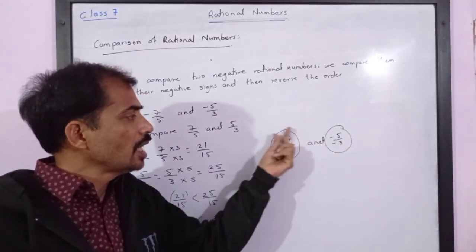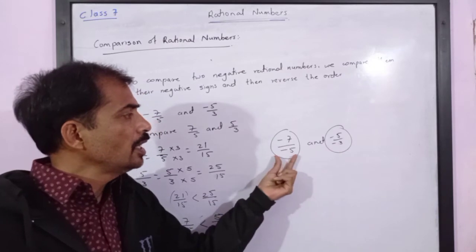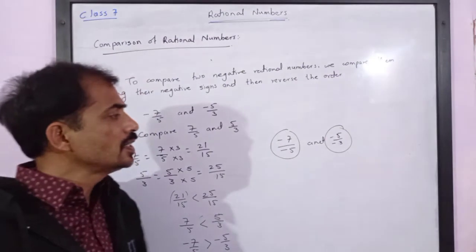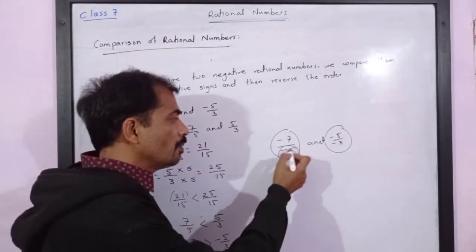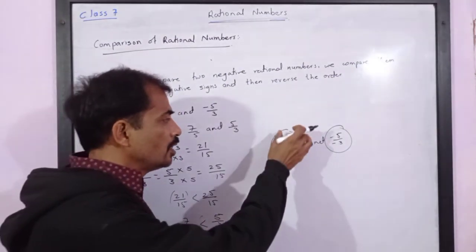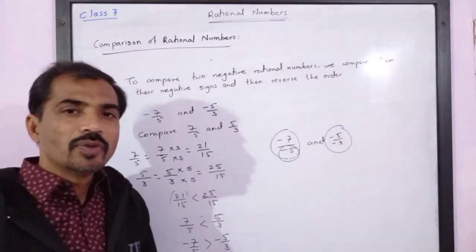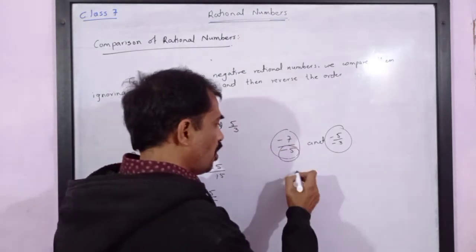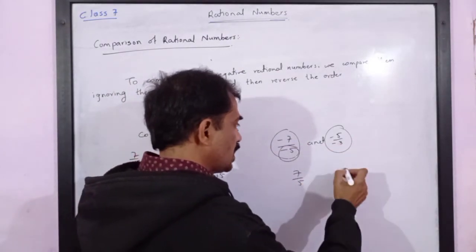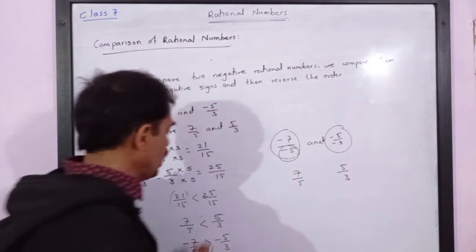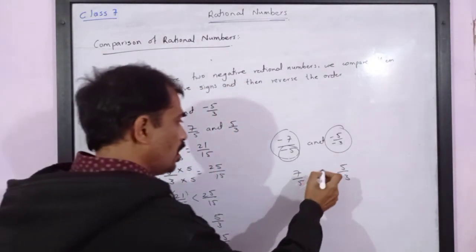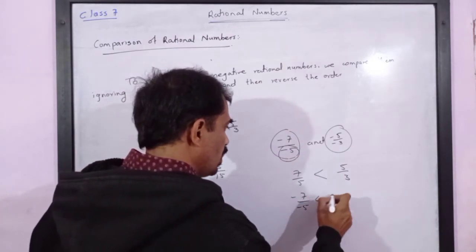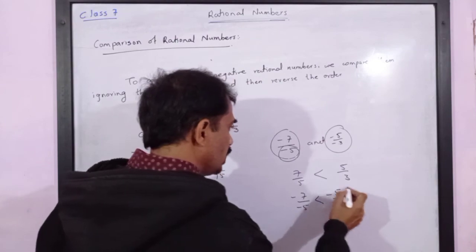We have already studied standard form means the denominator must always be positive and the numerator and denominator must have only one as a common factor. So this can be written in standard form as 7 upon 5 and this as 5 upon 3. Now we have already studied 7 upon 5 is smaller than 5 upon 3. So negative 7 upon negative 5 is smaller than negative 5 upon negative 3.